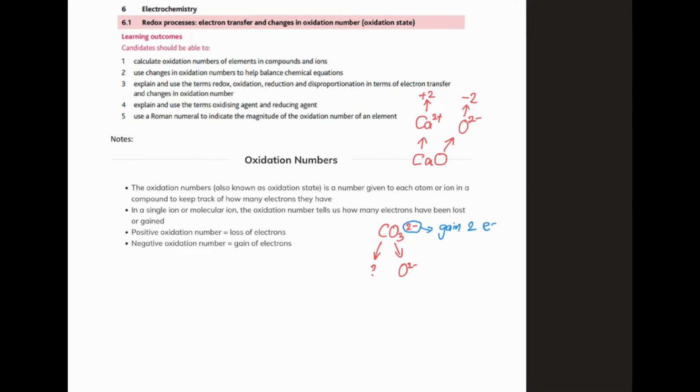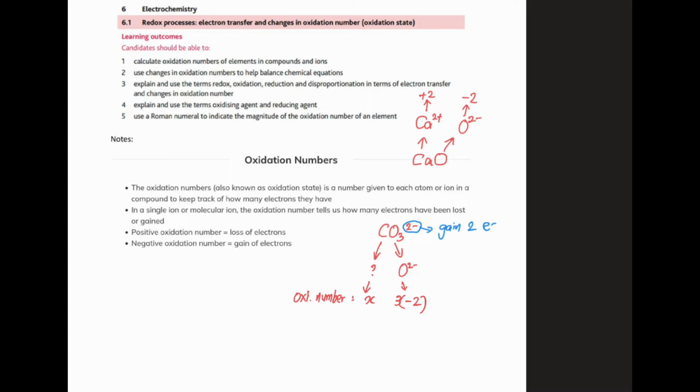For the oxidation number itself, we put it in this way. If you don't know the oxidation number, you can just put an unknown for it. So it is x, let's say, and for this we have minus 2, and we have 3 oxides there, so we have to times 3.